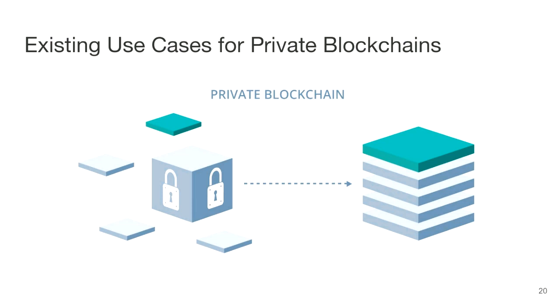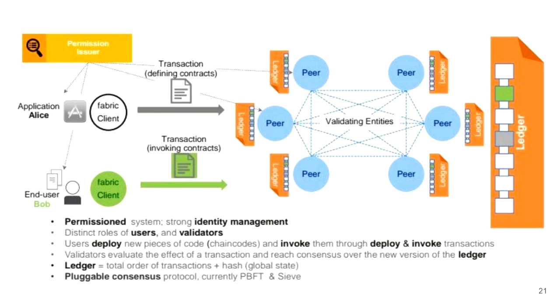Now, this is a pretty good, hopefully not too technical description of an IBM Hyperledger implementation. We have a larger ledger over here to the right. We can consider that the IBM Hyperledger blockchain, or even the greater Ethereum blockchain.